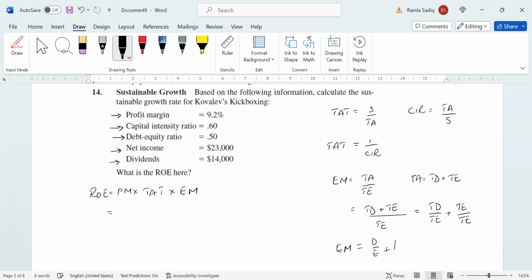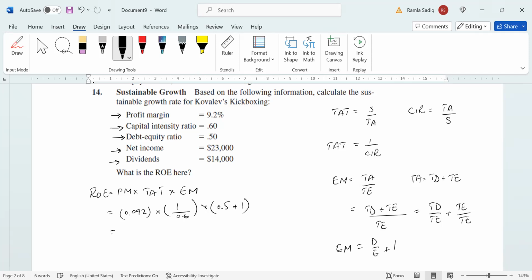We'll take a profit margin of 9.2%, so that's 0.092. Our total asset turnover is the inverse of our capital intensity ratio, so that's 1 divided by 0.6. And our equity multiplier is debt over equity plus 1, so debt over equity is 0.5 plus 1.